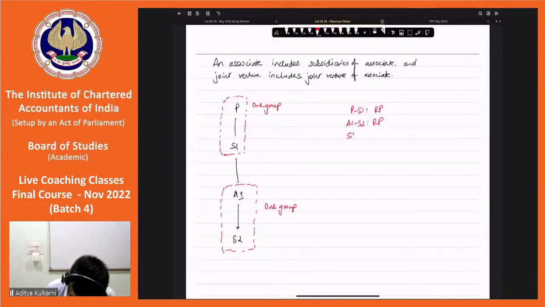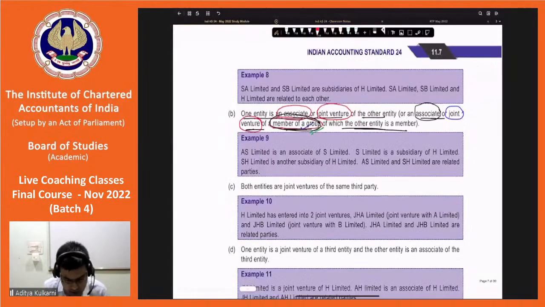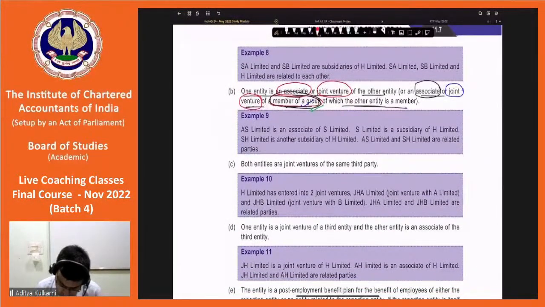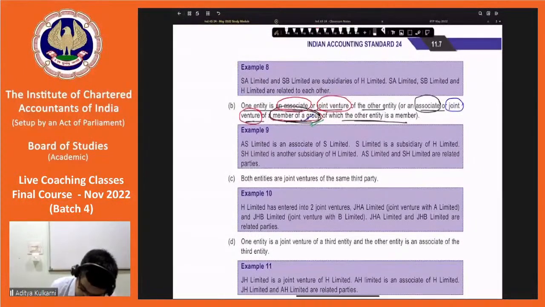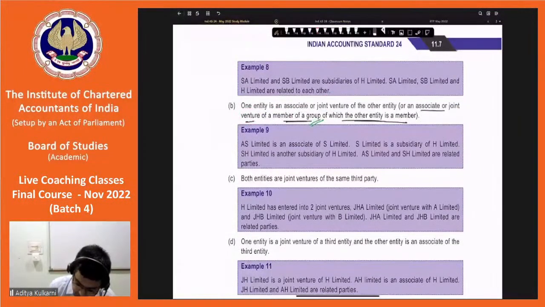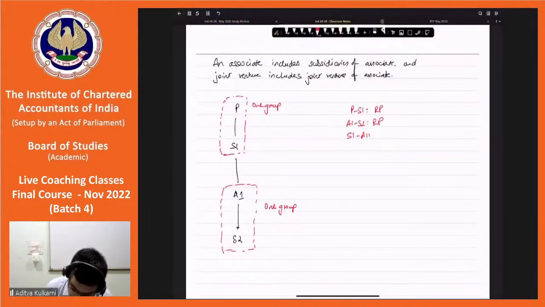We now move to S1 and A1. What is the relationship? Has this not been covered yet? No, associate is there here. One entity is an associate or joint venture of the other entity. So S1, A1 are related parties by virtue of 6B.